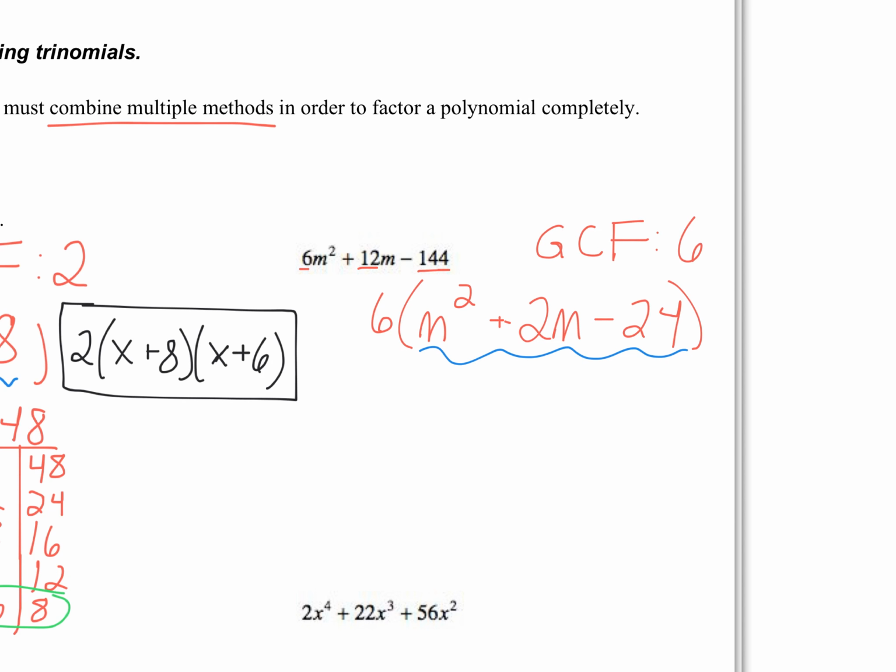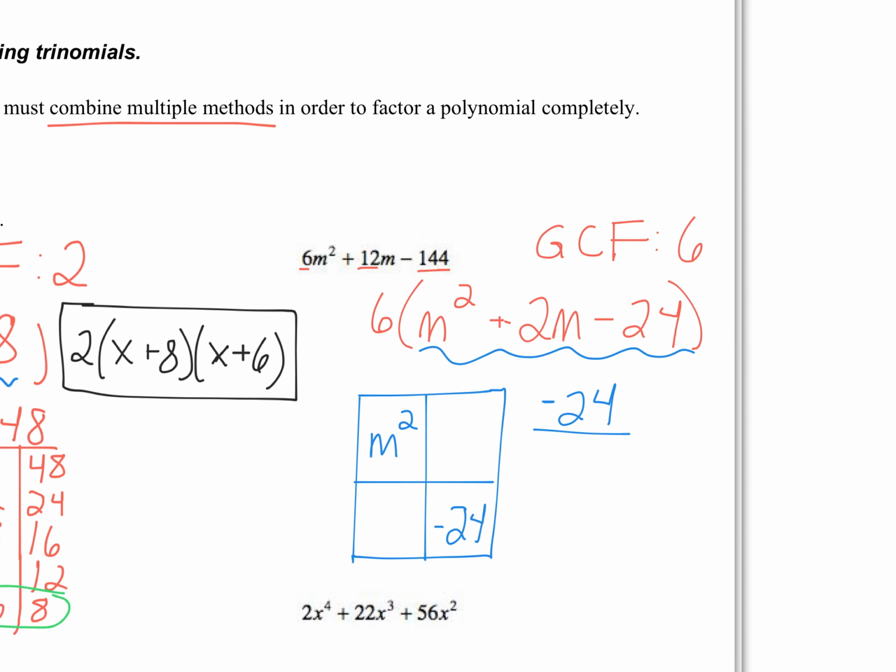Again, trinomial, box method. Create my box. I have m squared and negative 24. From there, I need factors of negative 24 that add to 2.